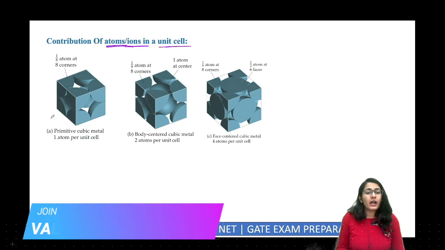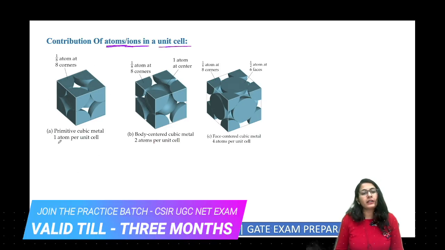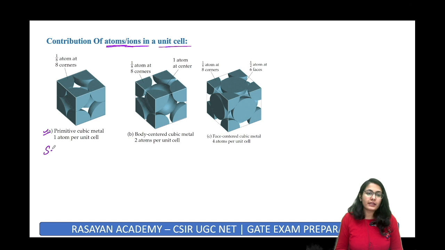We have a primitive cubic metal unit cell, meaning this is the SCC. So in the SCC, as I told you, we don't have lines. If I'm drawing a cube, they are only showing a few of the faces, not all. Not a good cube, but anyway. These are not actually lines.